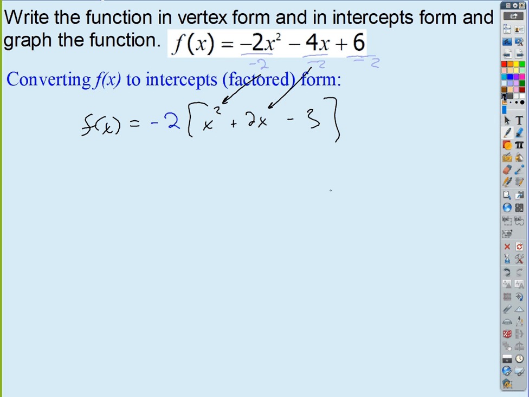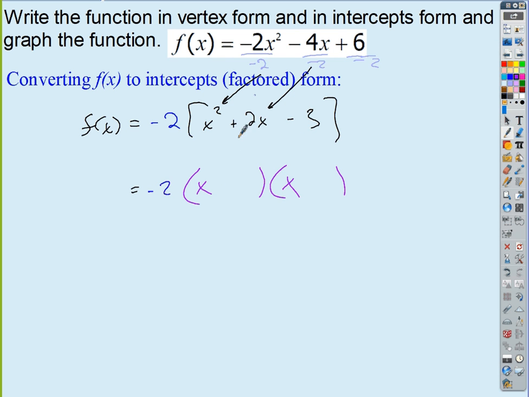Okay, and then last step, we're going to factor that, if we can. So those are x's. What magic numbers multiply to negative 3 and add to positive 2? Negative 1 and positive 3, isn't it? We know one's positive and one's negative because they multiply to a negative.